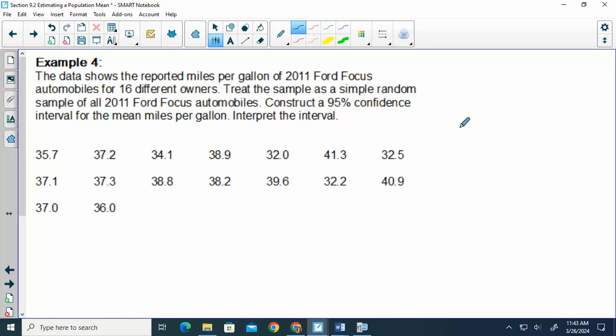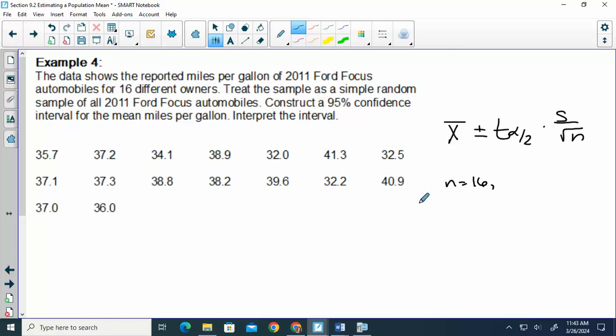Alright, so our formula for the confidence interval is x bar plus or minus t alpha over 2 times s over the square root of n. I know my n, it's 16, but do I know my sample mean or my sample standard deviation? No. Sample mean isn't too hard to calculate, but standard deviation is a little bit lengthy.